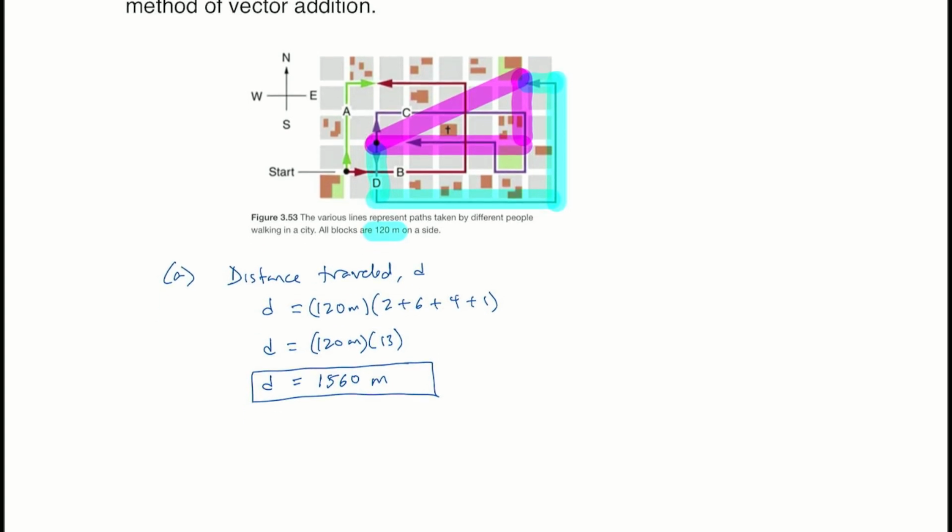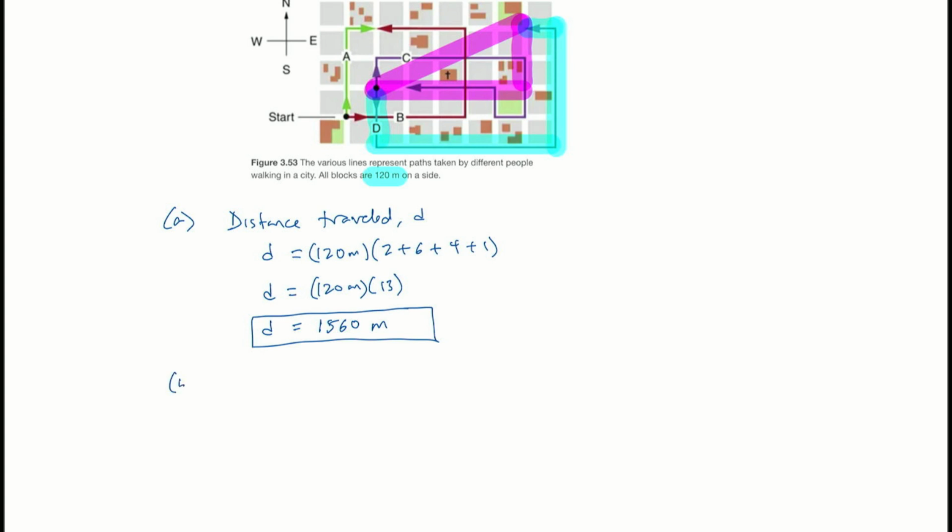And so part B, I'm going to say dx is going to be the 120 meters. This time we should have 5 blocks. And we do. So times 5 blocks. So the x component of path D is 600 meters.